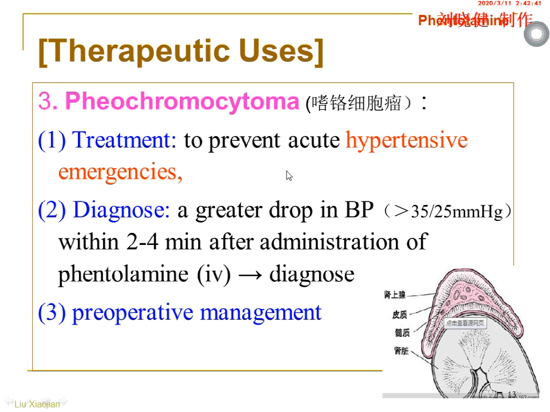It also can be used to diagnose this disease, because after using this drug, there is a greater drop in blood pressure. The alteration of blood pressure occurs within 2 to 4 minutes after intravenous injection of phentolamine. In some patients, once the blood pressure changes so fast within several minutes, the disease can be diagnosed.